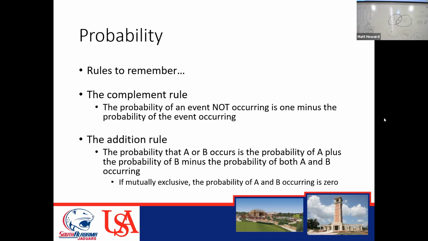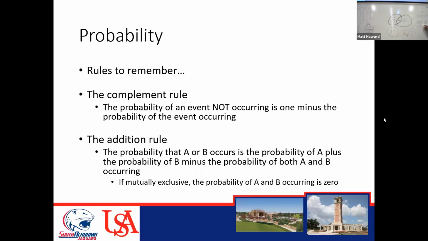So therefore, this formula right here, and let's make it simple, let's just kick out the waitlist part. If they're mutually exclusive, what happens to this formula right here? Yeah, it would just be A plus B. And why is that? Yep, because you can't have A and B together.